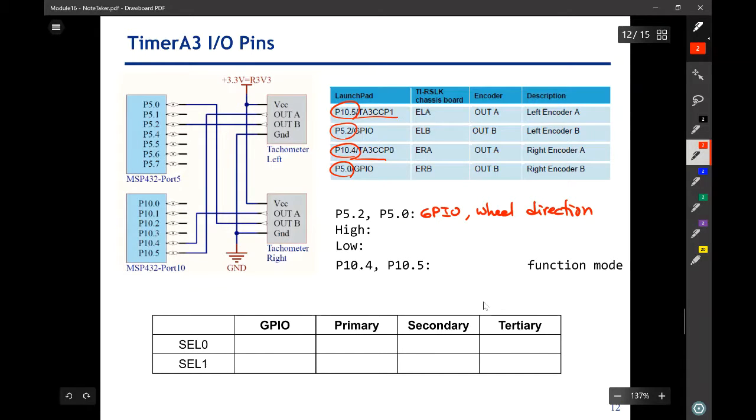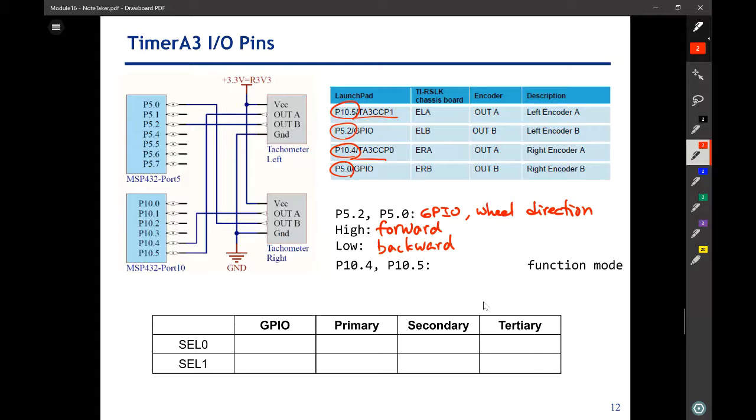When the input pin is high, that means it is moving forward. If it is low, then the wheel is moving backward. So that's how we can tell the direction of the wheel.